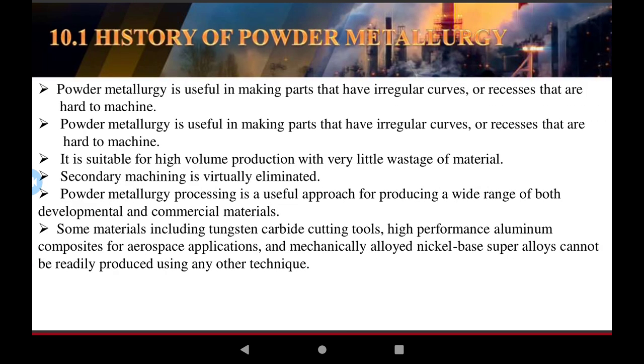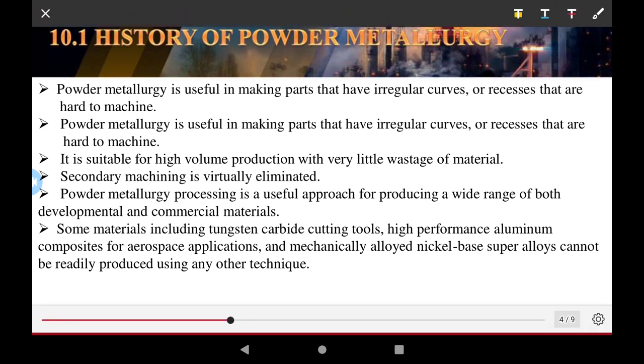Powder metallurgy is used in making parts that have an irregular shape, for reasons that the materials are hard to machine.